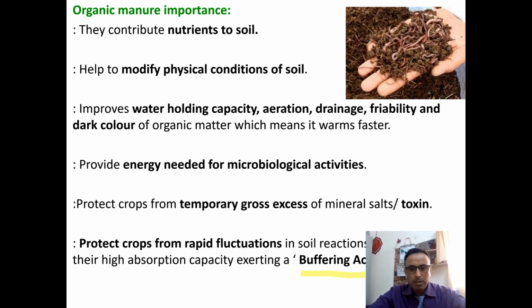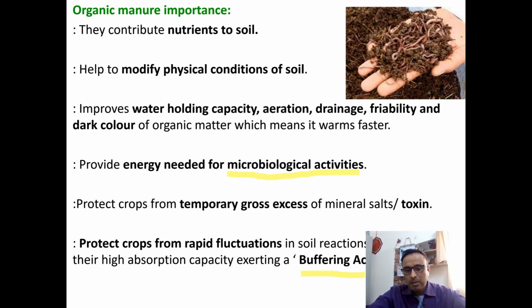If rapid fluctuation in the pH of the soil is happening and you are constantly adding manure into the soil, it will act as a buffer to control that change in the soil. Apart from it, the manure also helps in higher microbiological activity in the soil, of the good bacteria and good fungal activities. For that to be at the maximum, these kinds of manures are added.